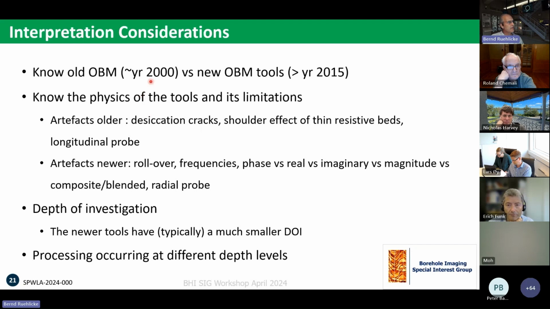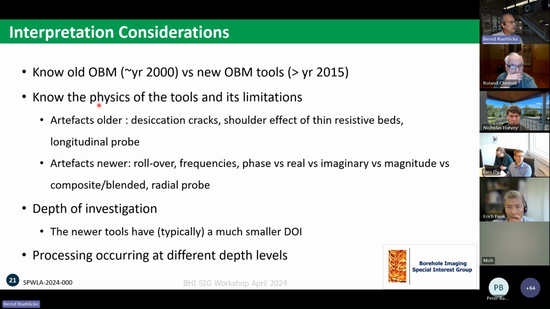They are fundamentally different. We used to know the physics of these tools. The initial oil-based mud tools use more or less Ohm's law, whereas the other ones treat the mud as a capacitor and use high frequency beams in different frequencies to penetrate the effect of the oil-based mud.